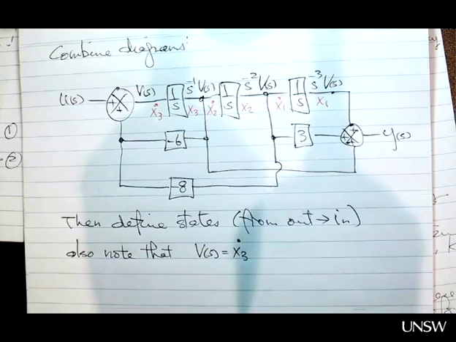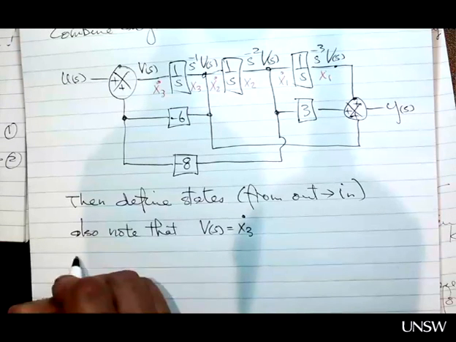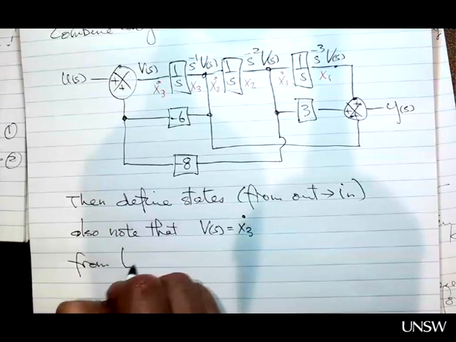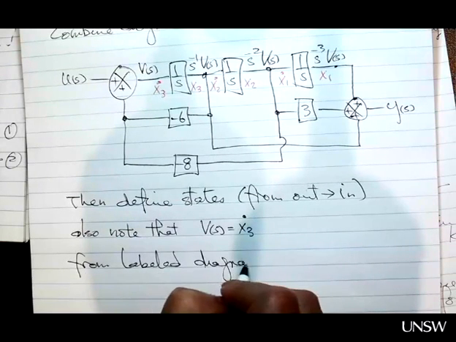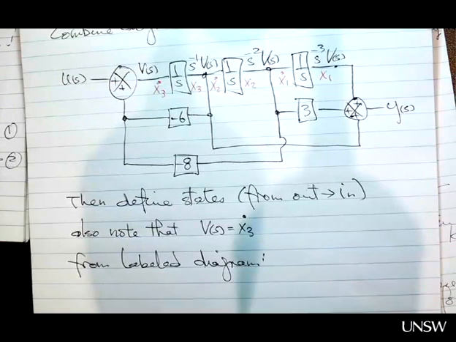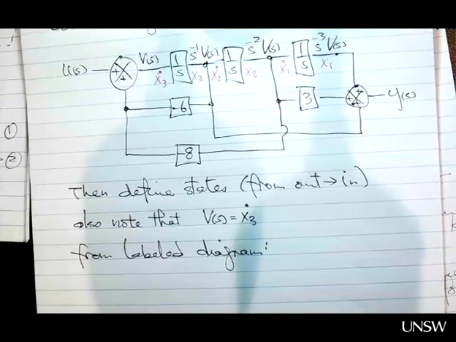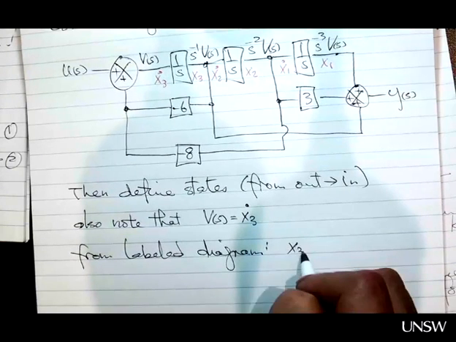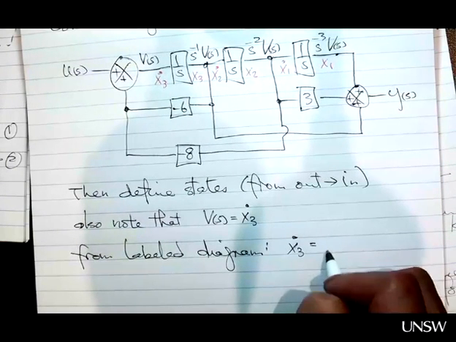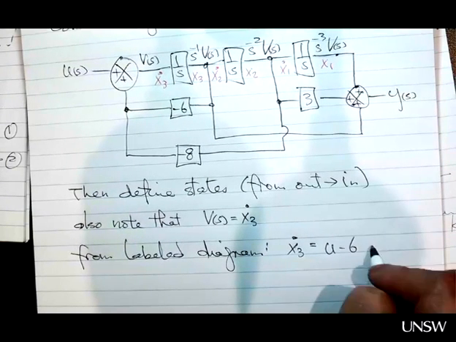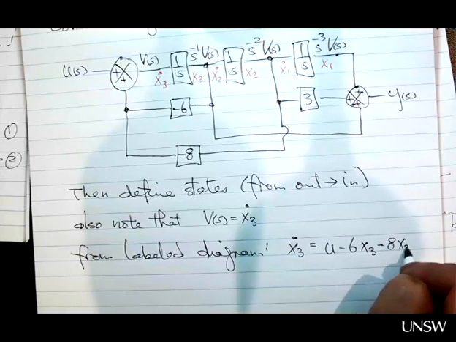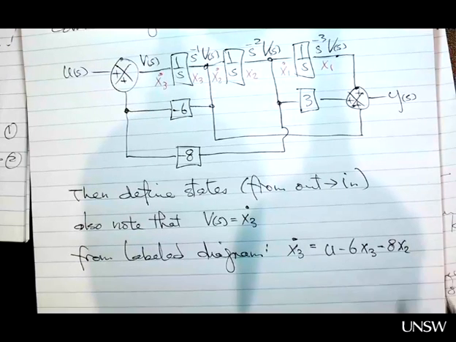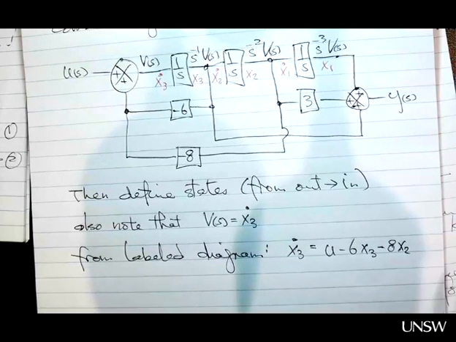So from the labeled diagram, we have x3 dot equals u minus 6 x3 minus 8 x2, and then independent of x1.